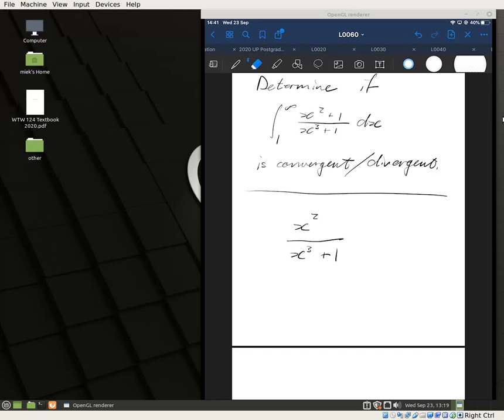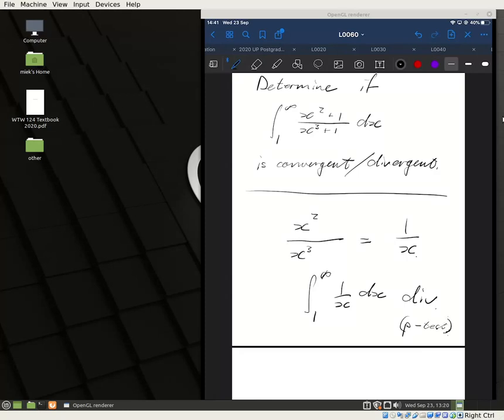So let us ignore that, and similarly this plus 1 as well. Then this expression is equal to 1 over x, and the integral from 1 to infinity of 1 over x diverges by the p-test.